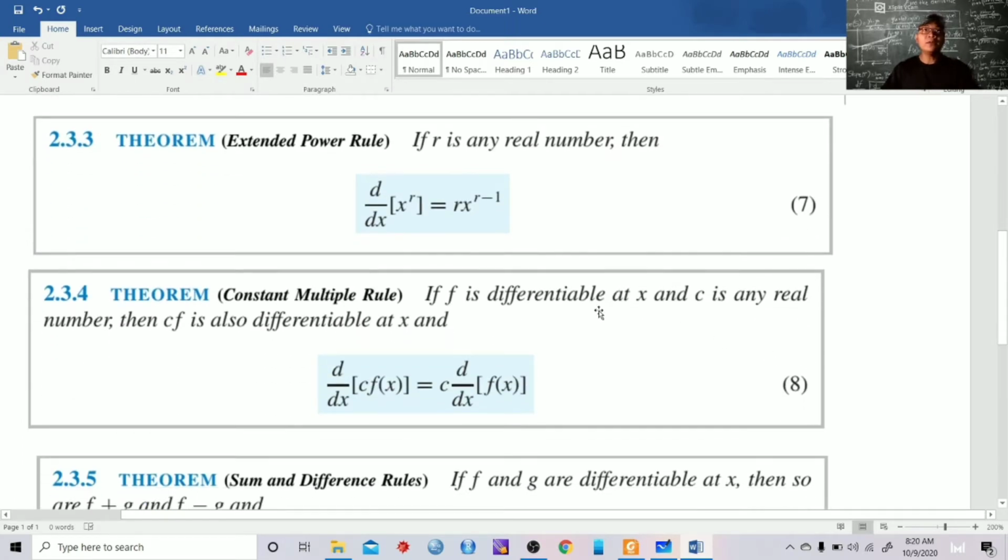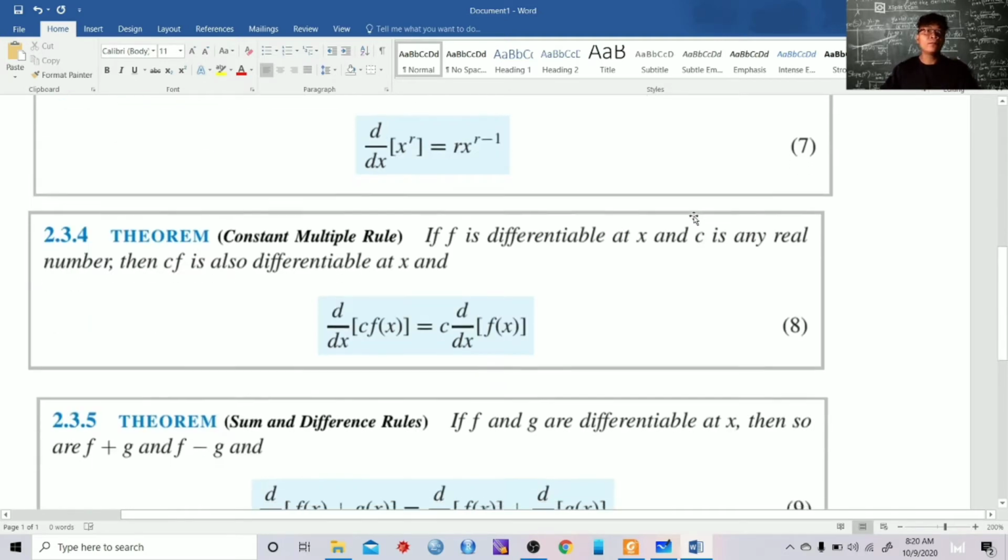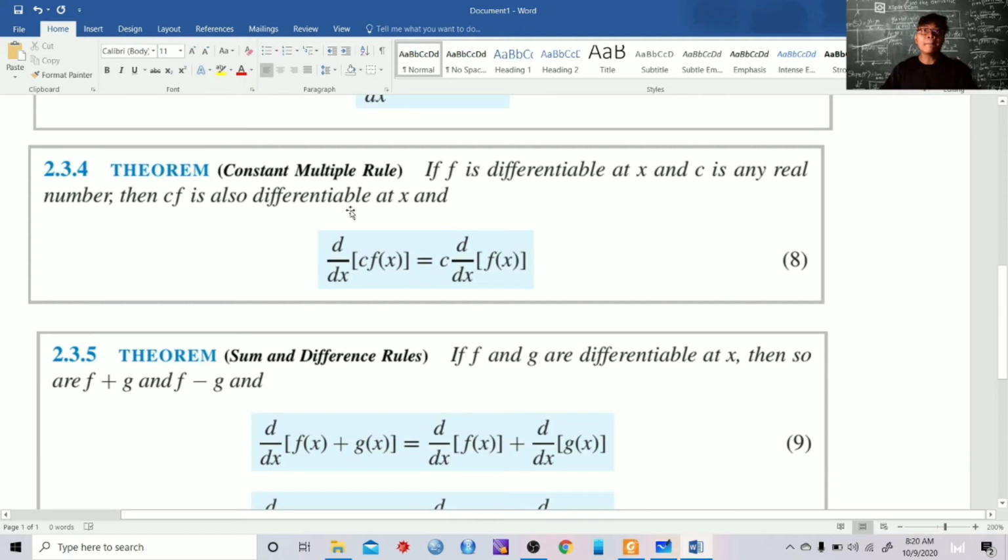For the third one, if r is any real number, then the derivative of x to the r is equal to r times x to the r minus 1. The fourth one: if f is differentiable at x and c is any real number, then cf is also differentiable at x, and the derivative of c times f of x is equal to c times the derivative of f of x.